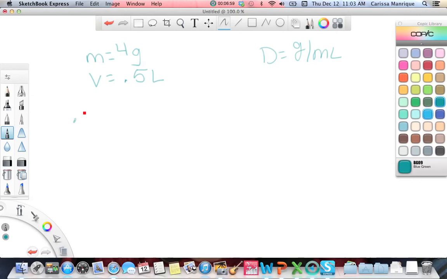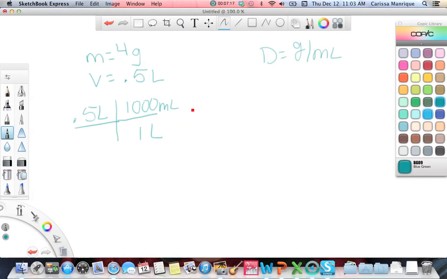So I have 0.5 liters. I'm going to put my liters down here because I want to cancel it out. And if you look at your conversions, there are 1,000 milliliters per 1 liter.